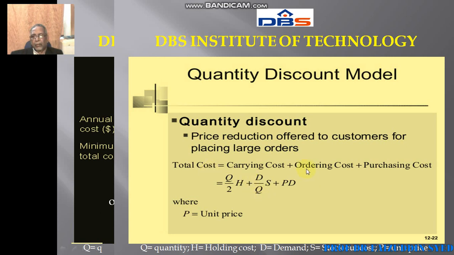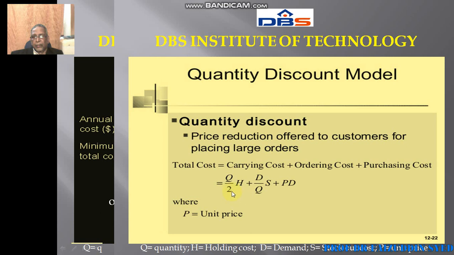So how are you going to calculate this total cost? The total cost is equal to carrying cost plus ordering cost plus purchasing cost, where Q is the quantity, H is the holding cost, D is the demand, S is the stock out cost, and P is the unit price.